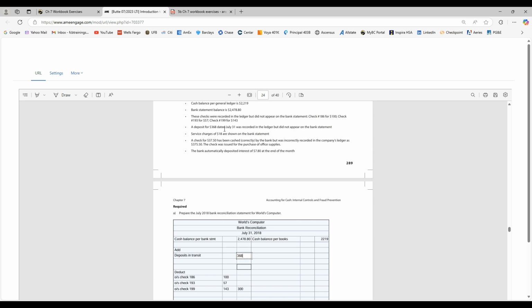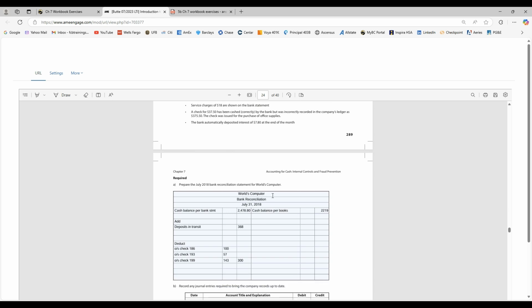That one was something we made, and it does say July 31st, the last day of the month. We got to the bank late, and so the bank hasn't had time to process that to show up on the bank statement yet, but it is there in our cash balance until that happens.